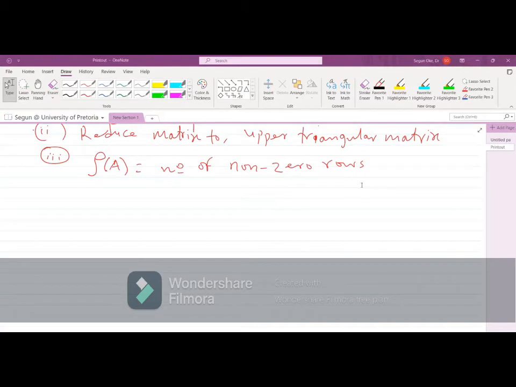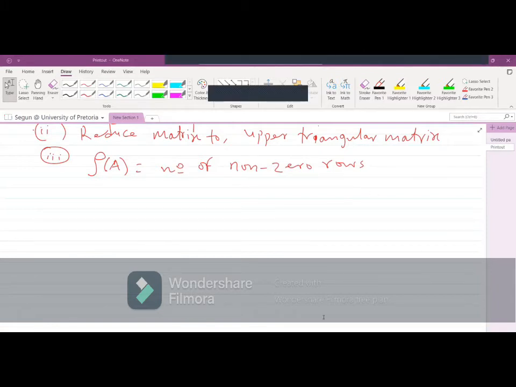So let's take notes of that. I will need your attention when we are solving this, but it's quite simple, though a bit tricky for some of us. Okay, let's look at the example.